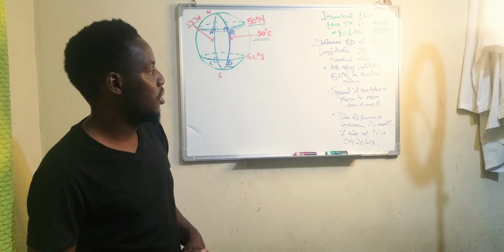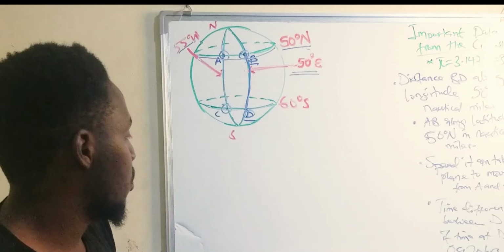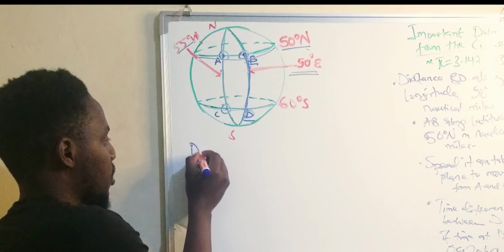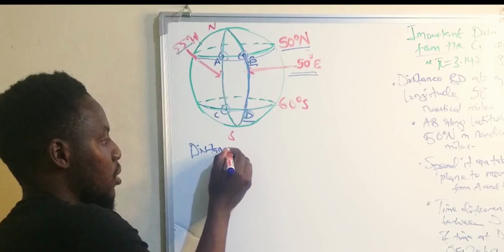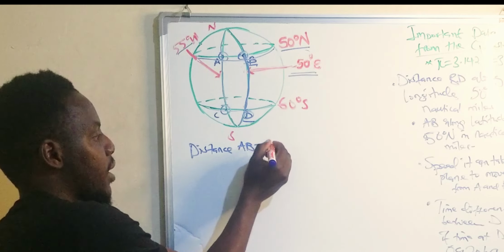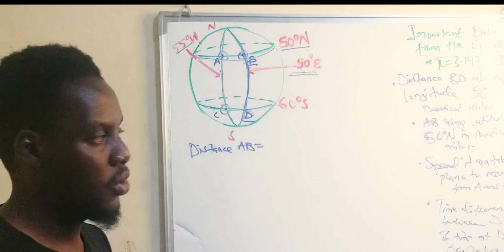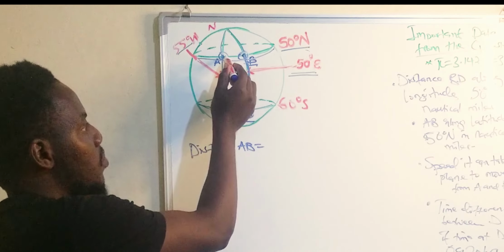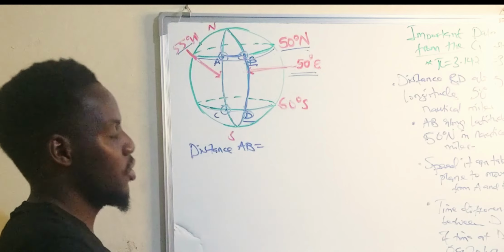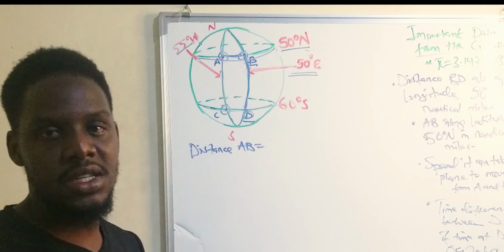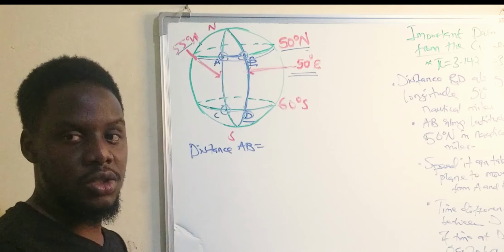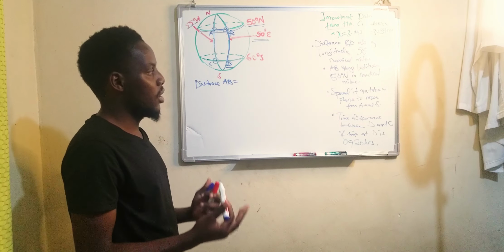Like I said, the first thing is to ask yourself: are these two points lying on the same latitude or on the same longitude? In this case, AB is lying on the same latitude. So this means that we are finding the distance in latitude.